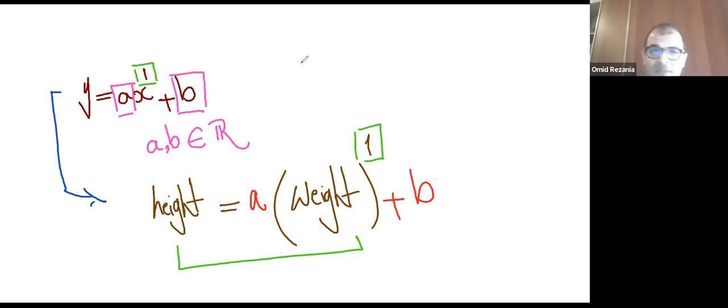But remember, before we move there, I just want to highlight something for you. All the problems that we have have 2 steps. The first step is that we decide on the degree of the polynomial that we want to have. Here we said it's going to be degree 1. If we decide on degree 1, we have a slope and an intercept, which we do not know how much they are.